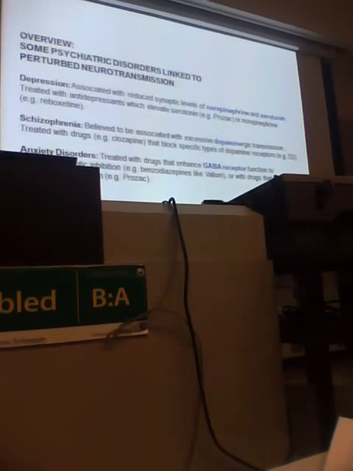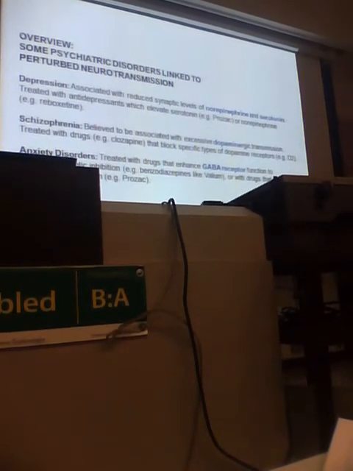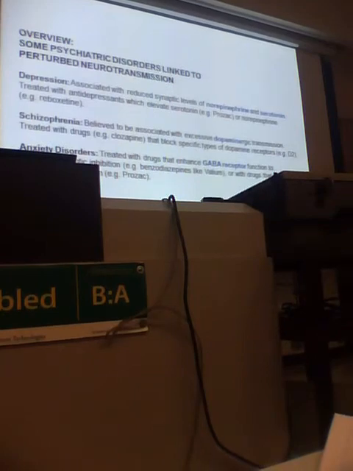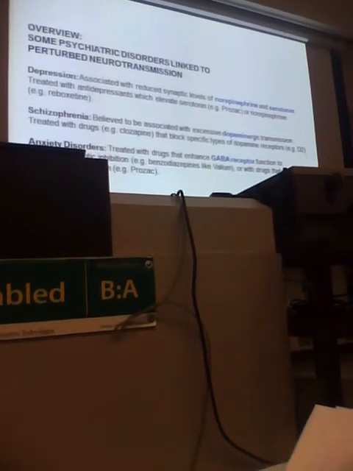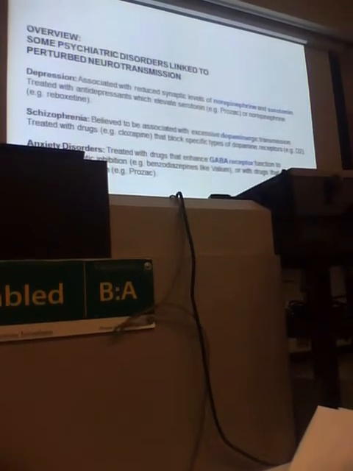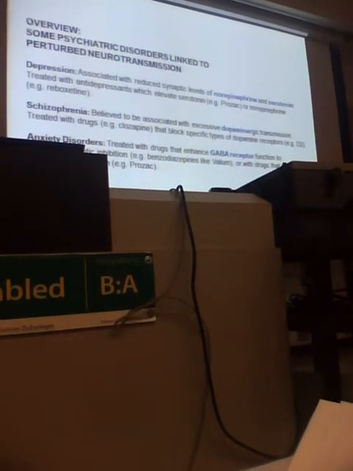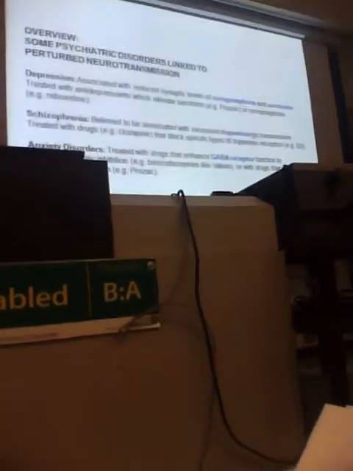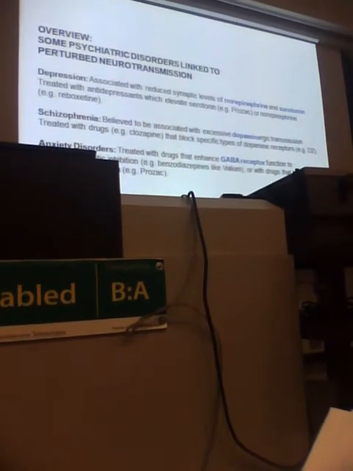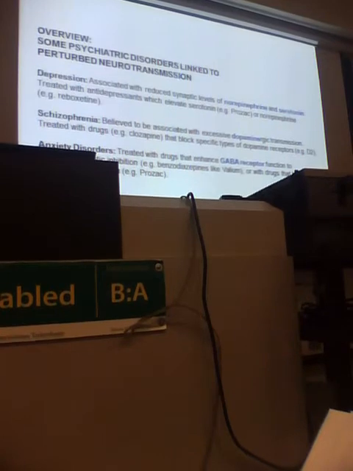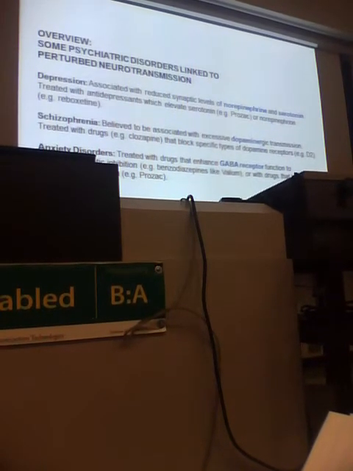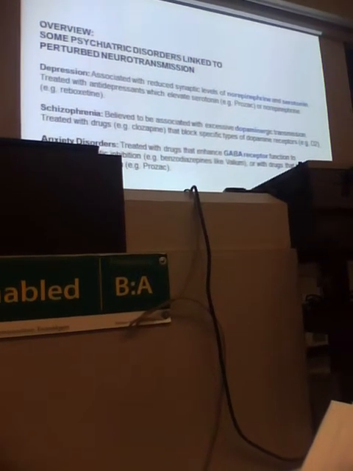And anxiety disorders such as PTSD are generally treated with drugs that enhance cortical inhibition by potentiating GABA receptor function. These are drugs like Valium, which is a benzodiazepine. Also, in some cases, drugs that block reuptake of serotonin, such as Prozac. The serotonin generally has a relaxing effect on people.